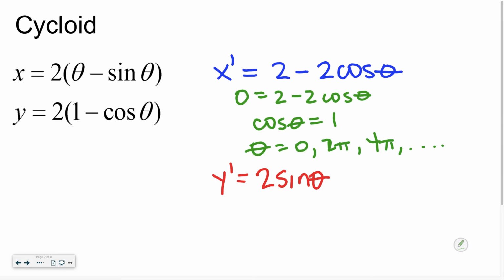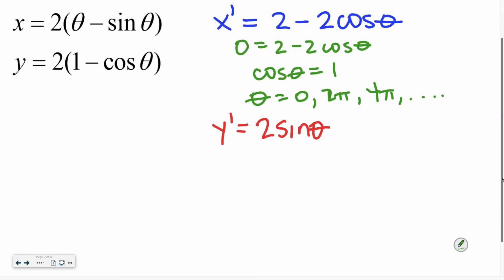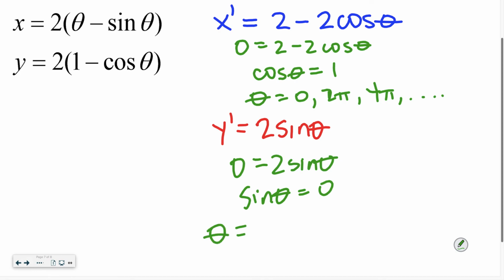When we set this equal to 0, I'm essentially asking when the sine is equal to 0. 0, pi, 2 pi, 3 pi, 4 pi. But they don't have the exact same answer.